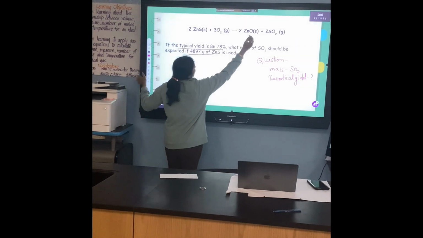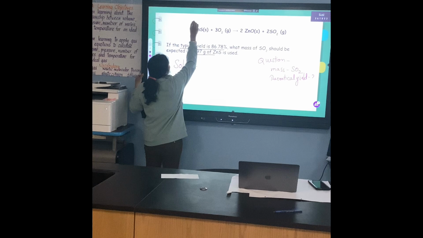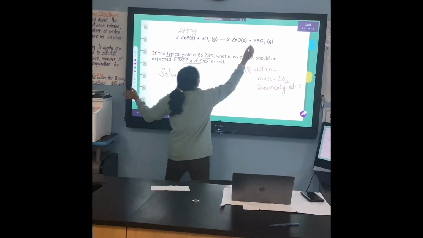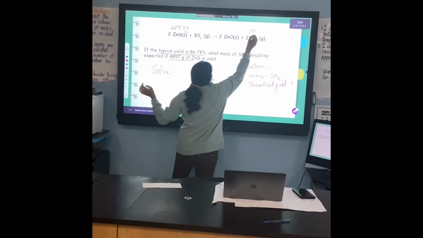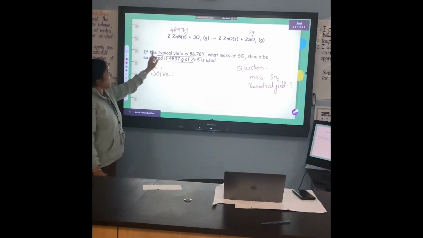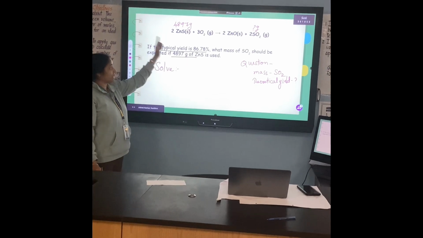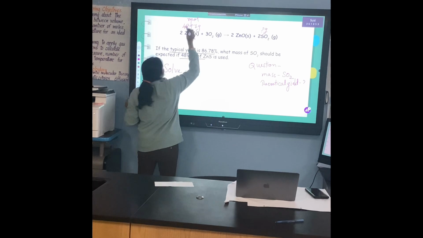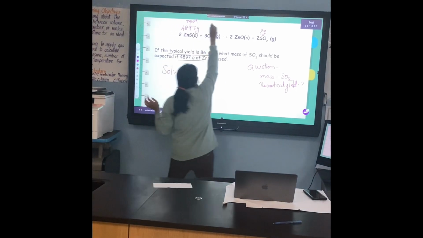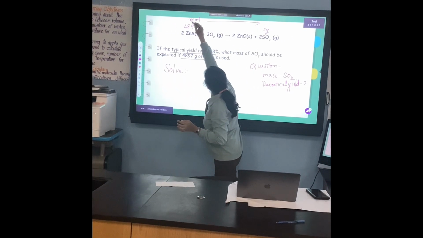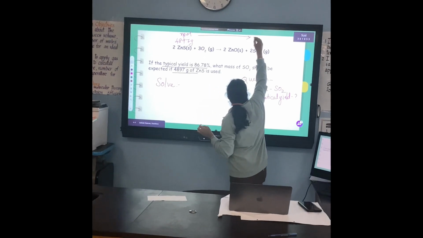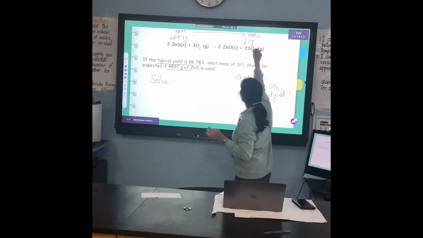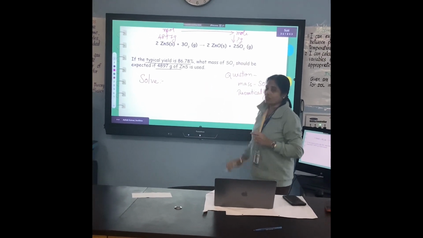Now zinc sulfide, here it is 4,897 grams, and then we will have to find out the mass of sulfur dioxide in grams. As we cannot go directly, we will have to convert that to moles of zinc sulfide. Then from moles of zinc sulfide we come here and find the answer for moles of sulfur dioxide. From moles of sulfur dioxide to mass of sulfur dioxide.